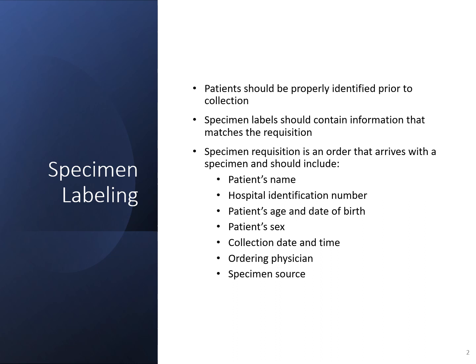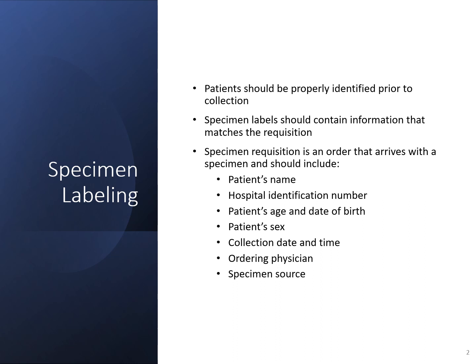On the sample itself, the sample is typically labeled with at least 2 identifiers, and it depends on the protocol for the facility as far as what they will accept. But typically something like the name and date of birth, or the name and hospital identification number or medical record number. So there should be 2 unique identifiers to that patient on the sample itself.